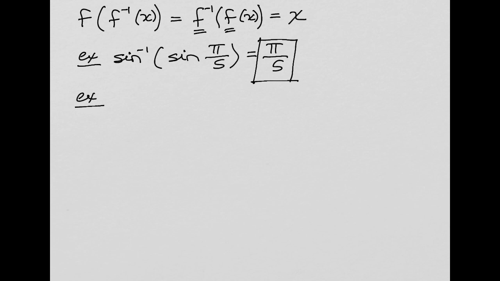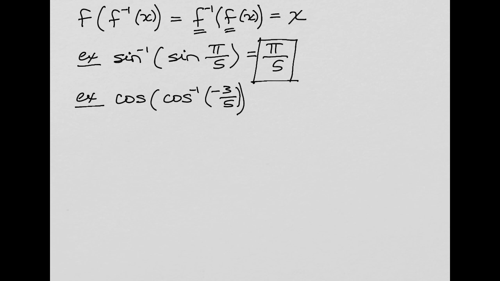Similar idea, if I want the cosine of the arc cosine of, let's say, negative 3/5. Well, the arc cosine of negative 3/5 is the angle whose cosine value is negative 3/5.